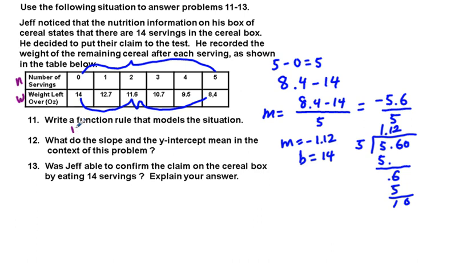So our weight is equal to negative 1.12 n plus our starting amount of 14 ounces. So that would be our answer to number 11. Okay.